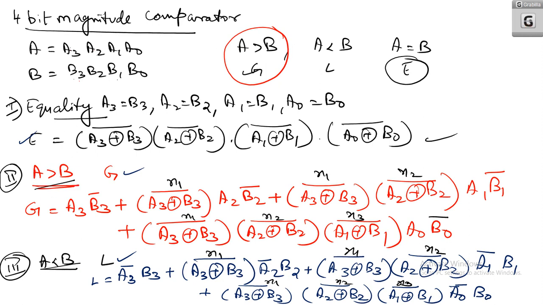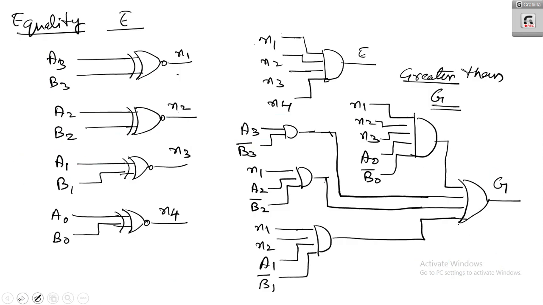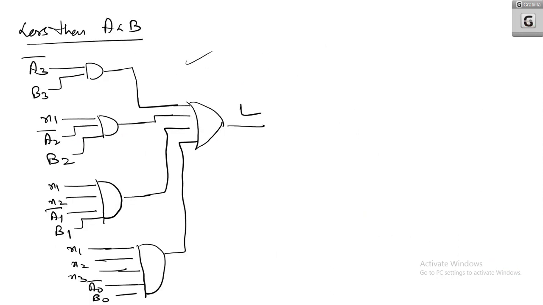We realized the expressions using basic gates: for equality checking it is XNOR, and apart from that we have used only AND and OR gates. So we have formed the circuit for equality, greater than, and less than. Okay, so that is regarding the 4-bit magnitude comparator. And with this lecture, I am concluding the topic of comparators. Thank you.